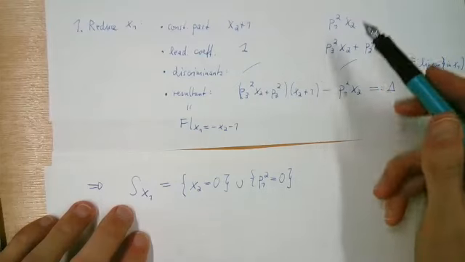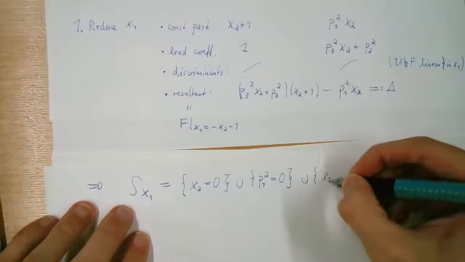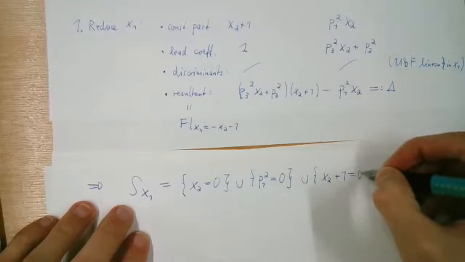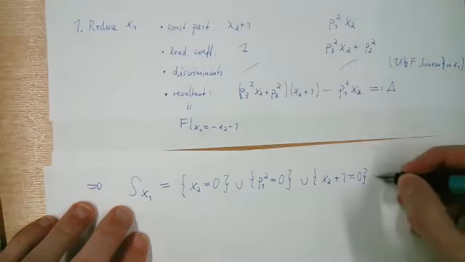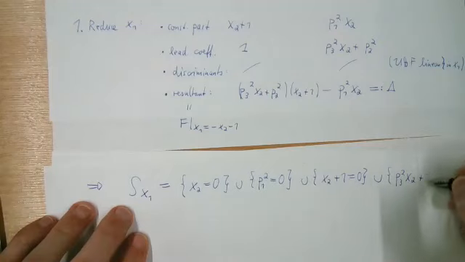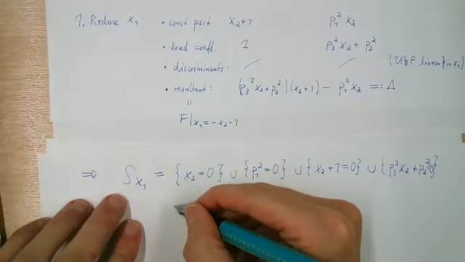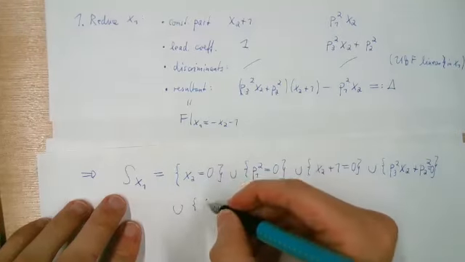There is a component x2 plus 1 equals 0, which comes from there. There's this component p3 squared x2 plus p2 squared. And then we have this discriminant, sorry, the resultant.